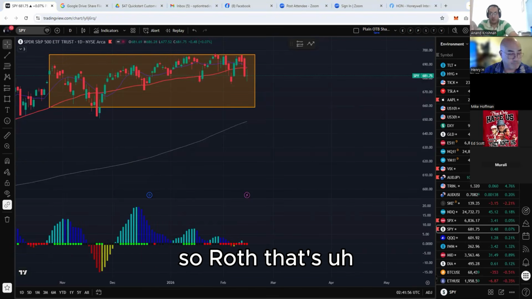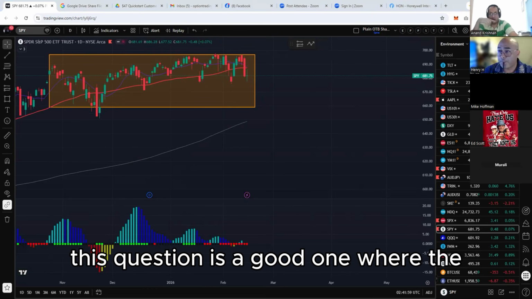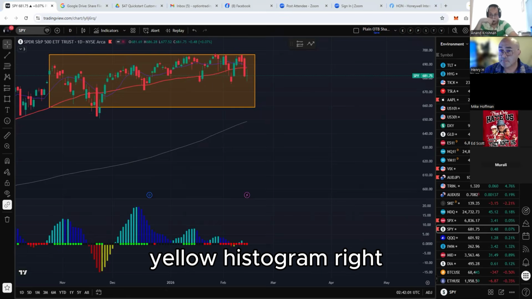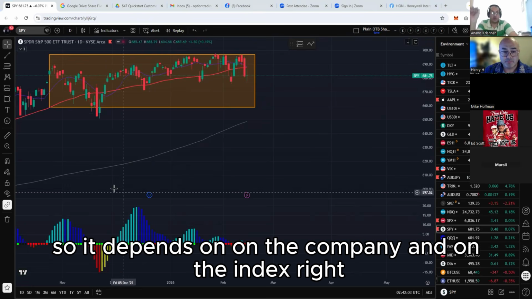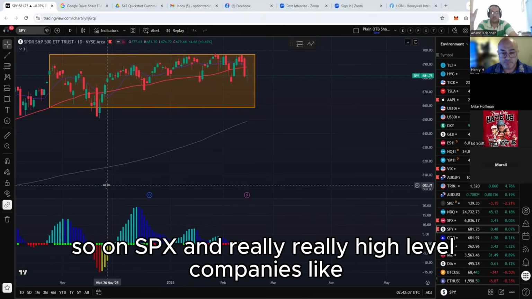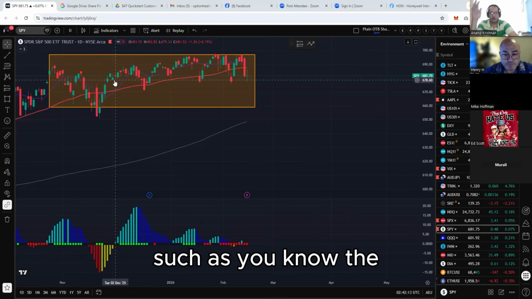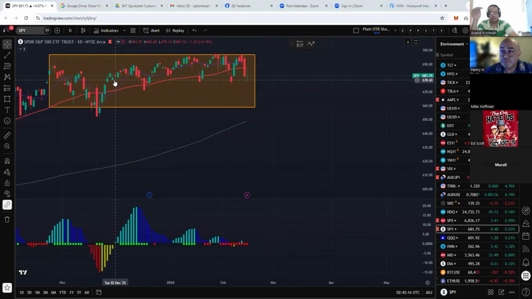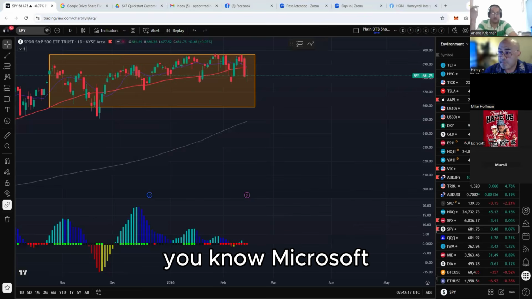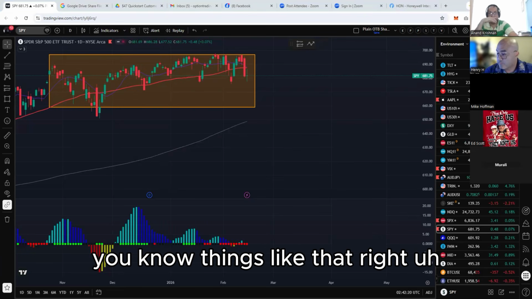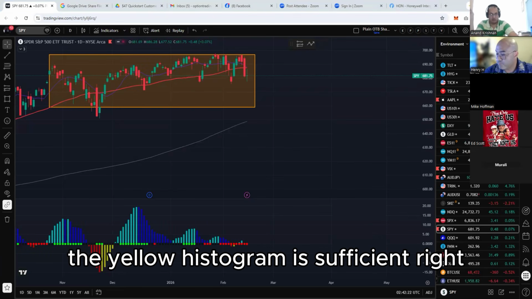So Roth, this question is a good one, regarding the yellow histogram, right? It depends on the company and on the index. On SPX and really high-level companies, the ones that are really paid attention to, such as Meta, Netflix, Microsoft, things like that, the yellow histogram is sufficient.